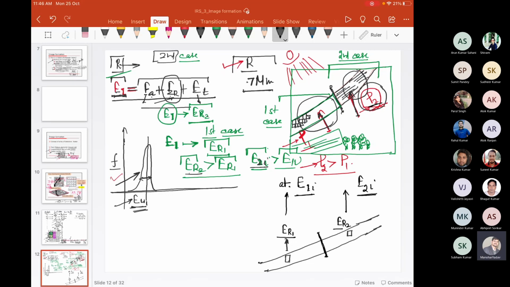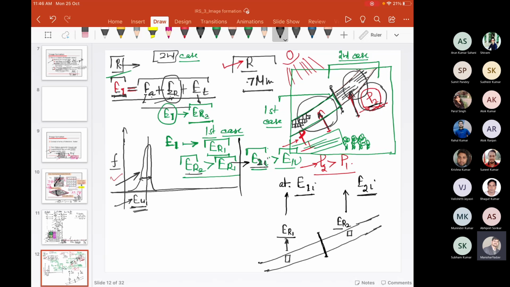Can you see that? Yes, sir. Now I hope through this workflow schematic, you understood this part.